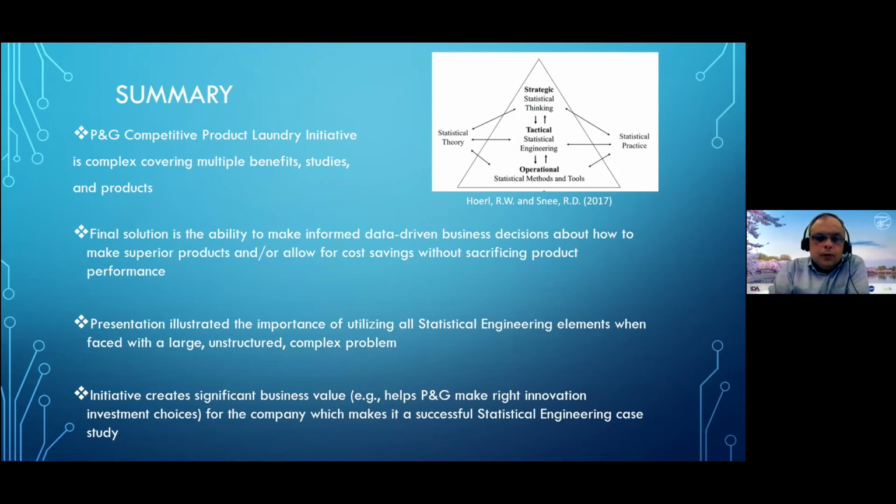It's a support for those decisions. I talked about how it links to different statistical engineering elements, and I think it fits well as a simple case study to illustrate how statistical engineering can help a business problem like this one. That's all I have. I think we have some time for questions.